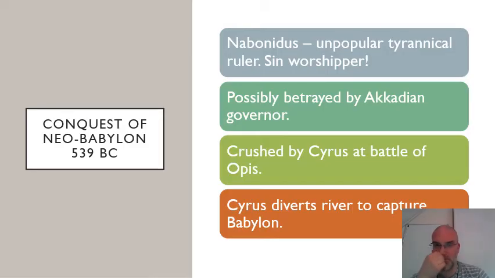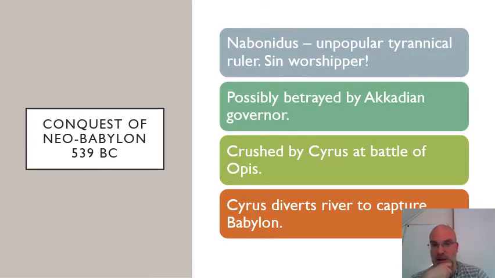Cyrus wants to take Babylon. It's a rich, powerful but weakening, very important cultural territory that he'll need to capture to secure his vast empire at this point. Now, it would seem that maybe some of the Babylonians revolted, possibly the Akkadians, who are part of the Babylonian Empire.